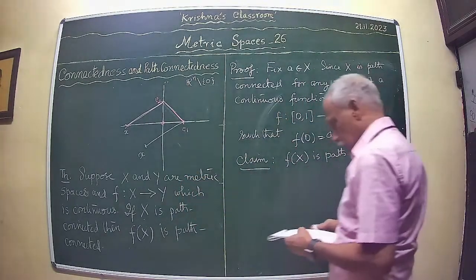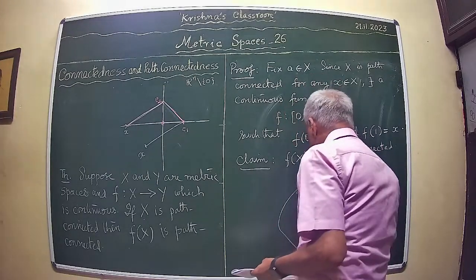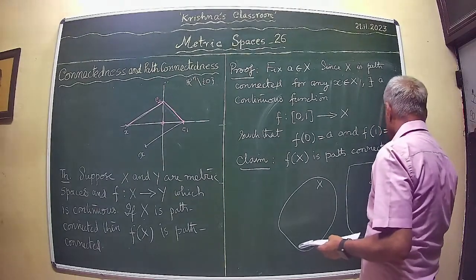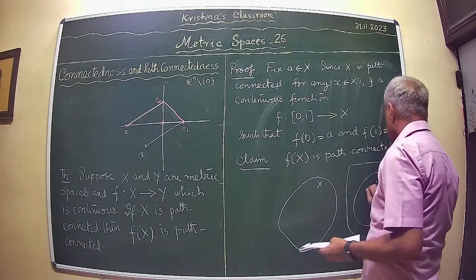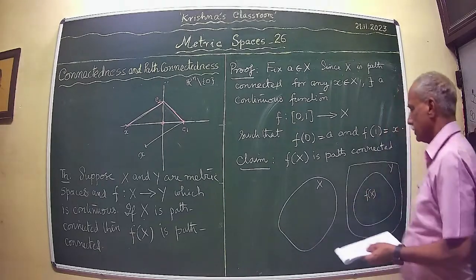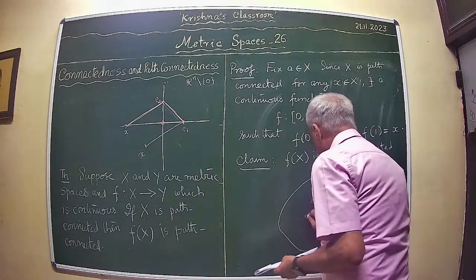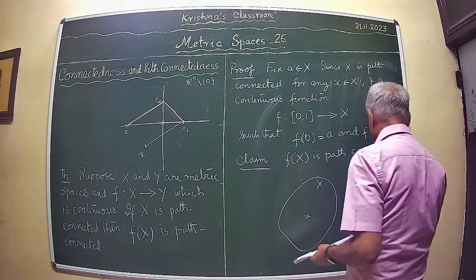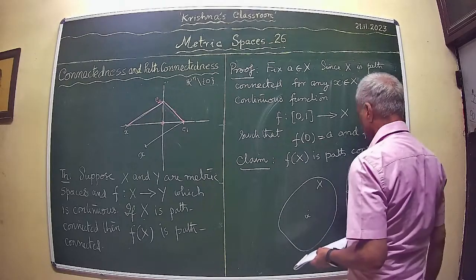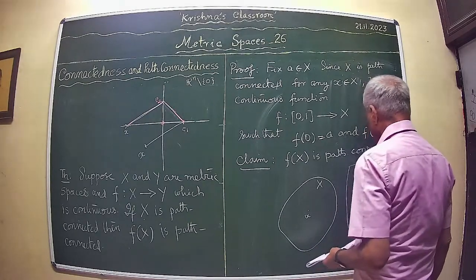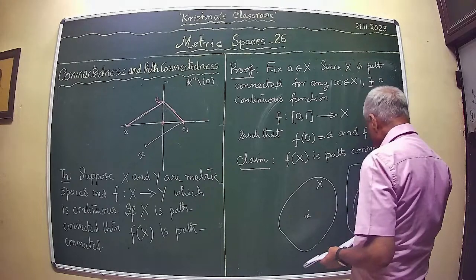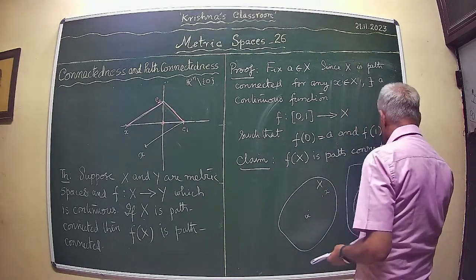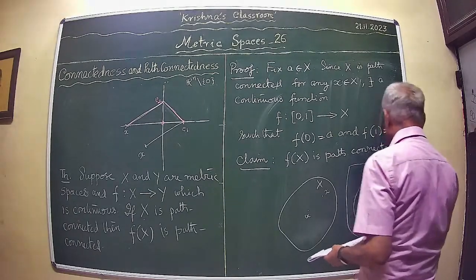Now let us pictorially view the scene. This is X, this is Y, and this is your f of x. Now we have chosen A here and its image is f of a. Now you take any x here, its image is f of x.